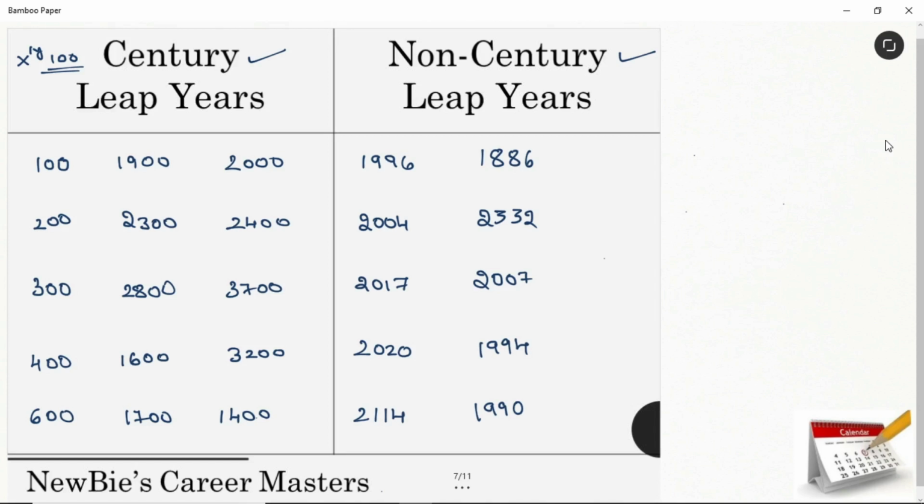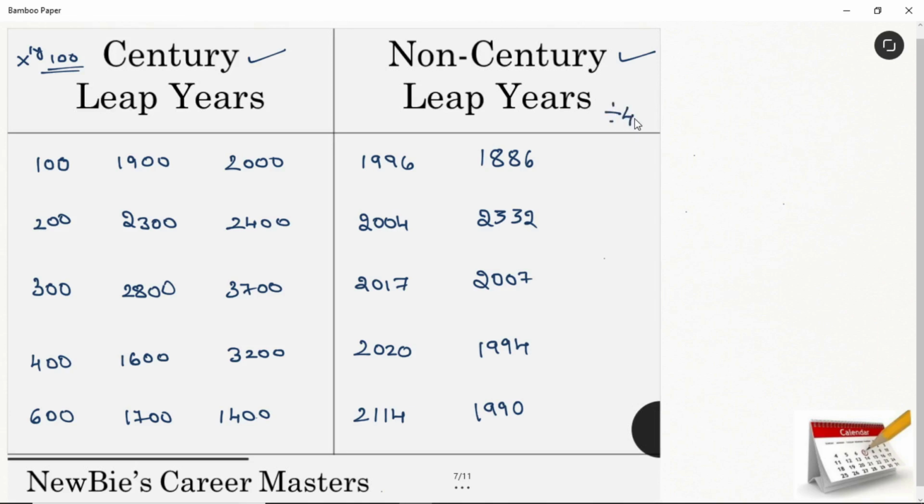Now we are starting to check, among these given years, which are leap years and which are ordinary years. This work becomes very easy if you know the proper technique. The technique is very simple. If it is a non-century year, to check for a leap year, just divide the year by 4.